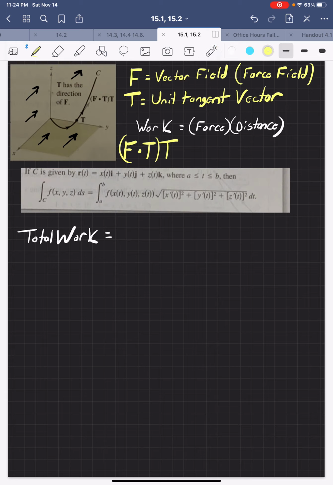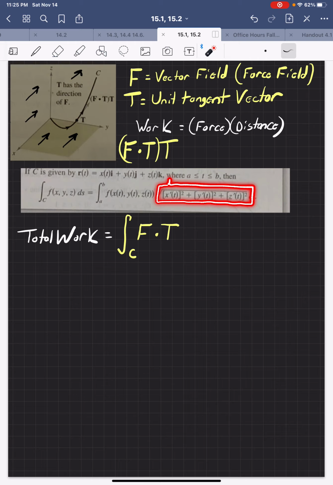So the good news is, we would start off with our line integral, and we would have our dot product, F dot T. Now, remember that back in chapter 12, we would think about the magnitude of r prime as being the distance of the vector.